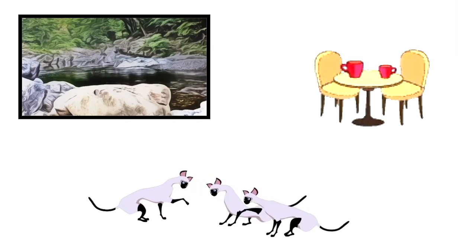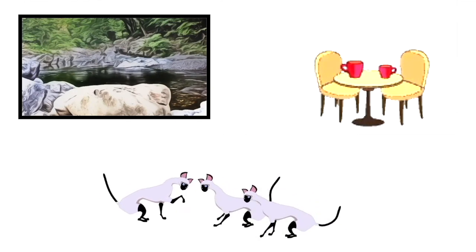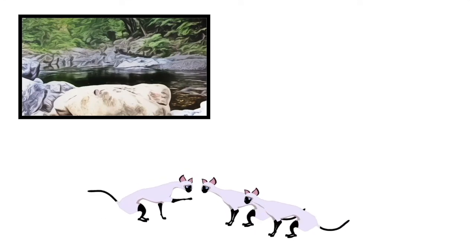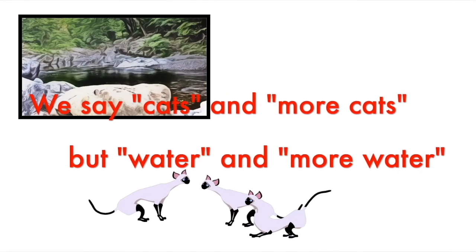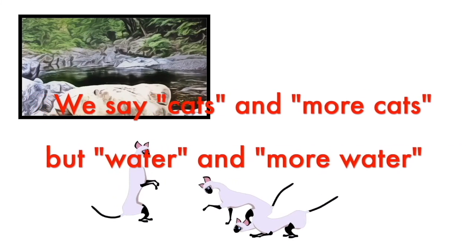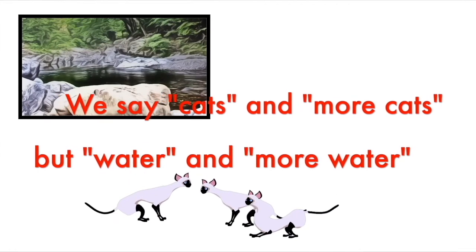This is a complicated topic because the same thing can often be both countable and uncountable depending on the situation. We'll come back to this later on, but for now let's just notice that when a noun is uncountable, it doesn't have a plural. We can talk about cats and more cats using the plural, but usually we'll talk about water and more water in the singular.